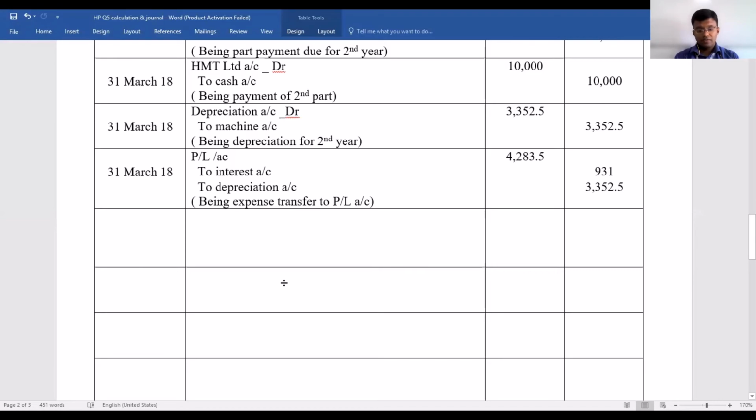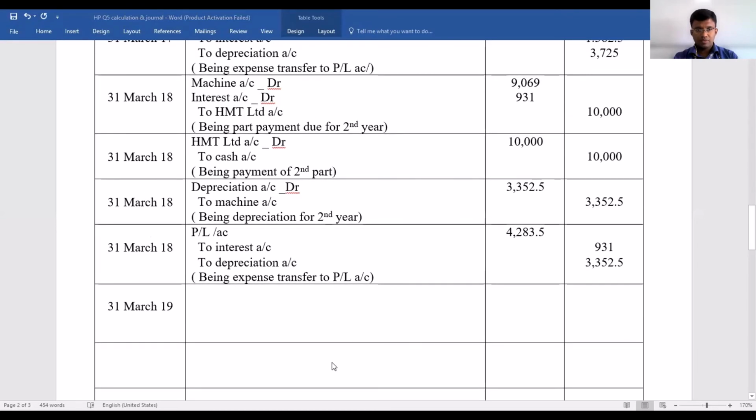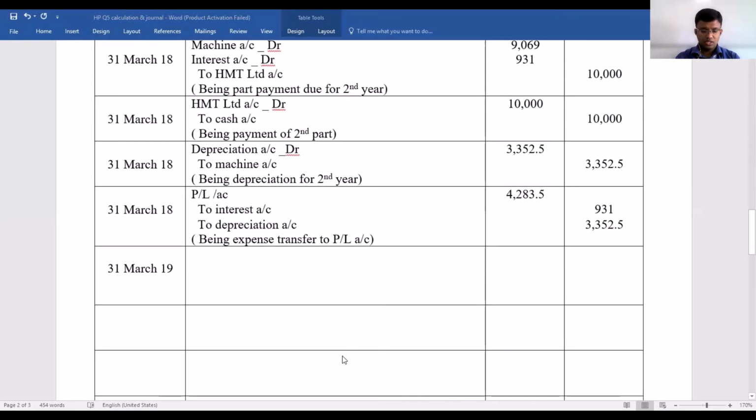Similarly, we'll have to work out the entries for third year. The third year's entries will be taking place on 31st March 2019. So on 31st March 2019, let's look at the transactions. Machine account debited, and the amount is 9,543.5.